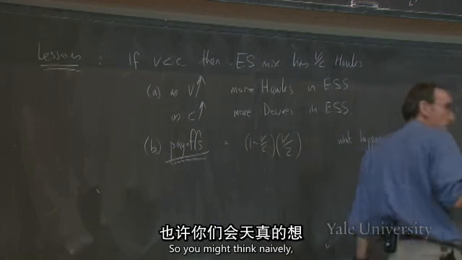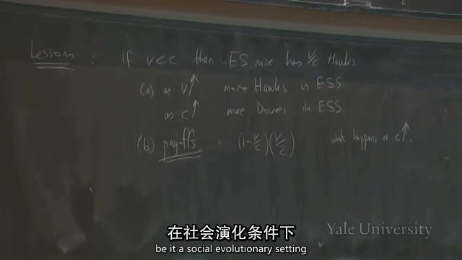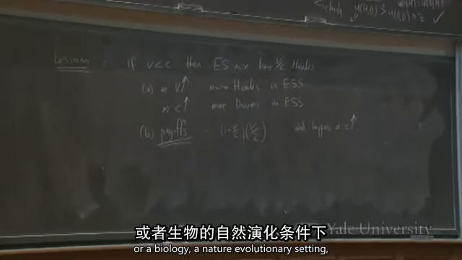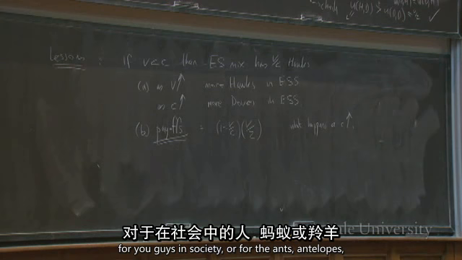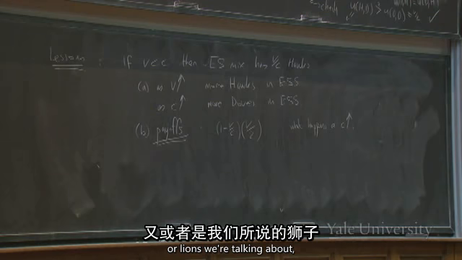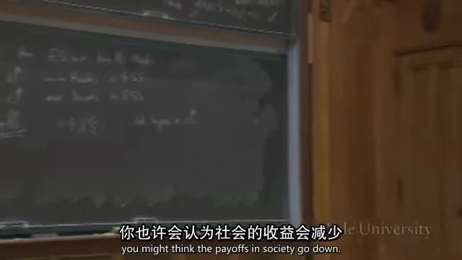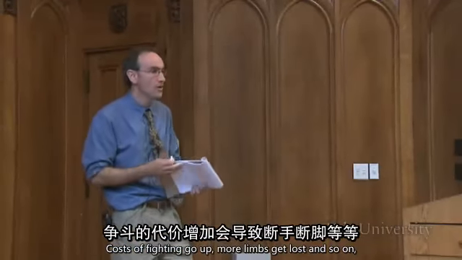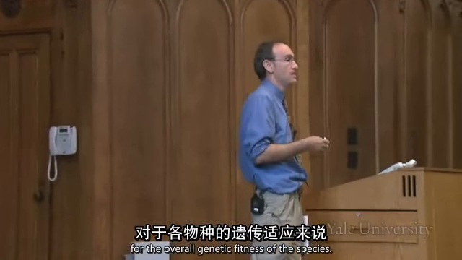So you might think, naively, that if you're in a setting, be it a social evolutionary setting or a nature evolutionary setting, you might think that as the cost of fighting goes up for you guys in society or for the ants, antelopes, or lions we're talking about, the payoffs go down. Right? Cost of fighting goes up, more limbs get lost, and so on. Sounds like that's going to be bad for the overall genetic fitness of this species.